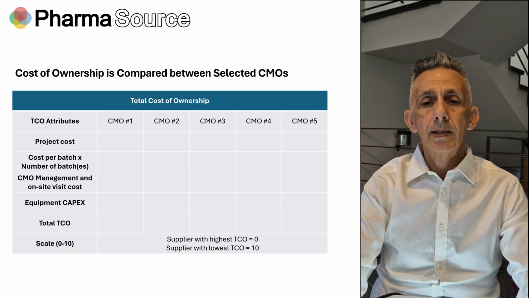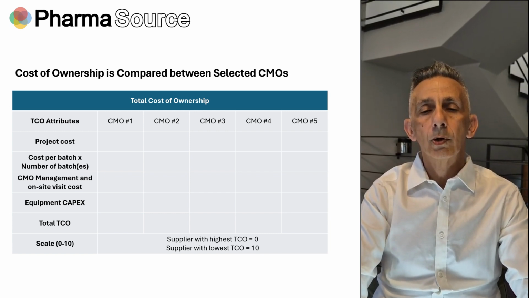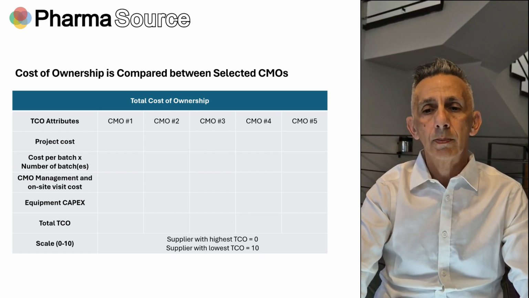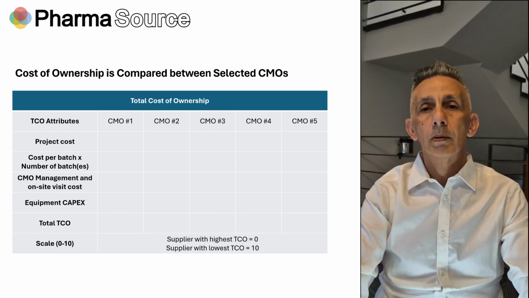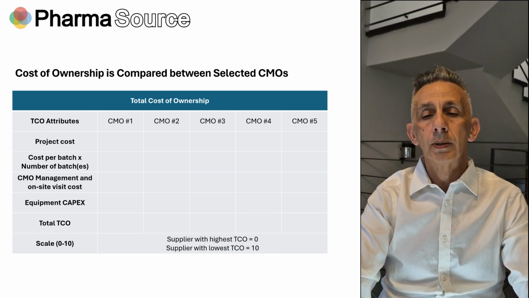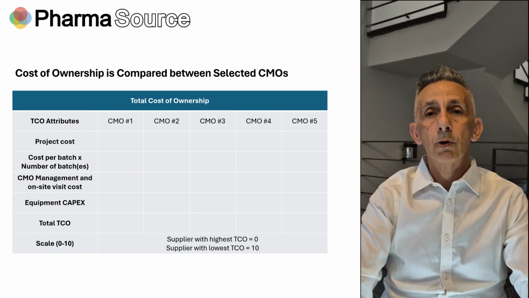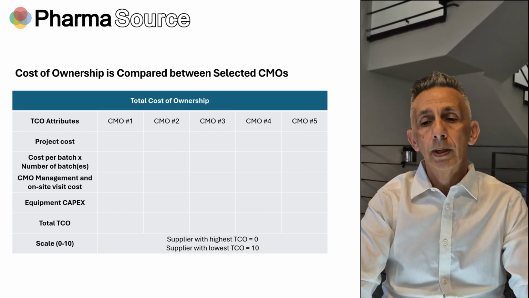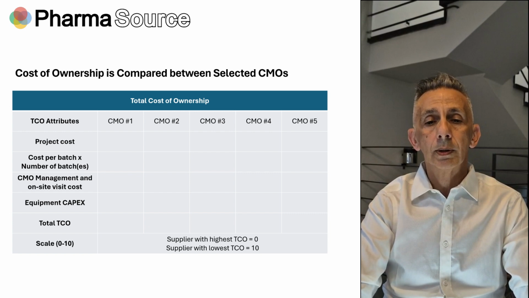In the case of looking at the total cost of ownership, we will plug in for each CMO a mark, which for example in that case will be between 0 and 10, 0 being the highest total cost of ownership and 10 being the lowest one.